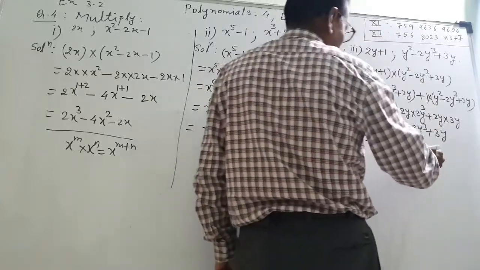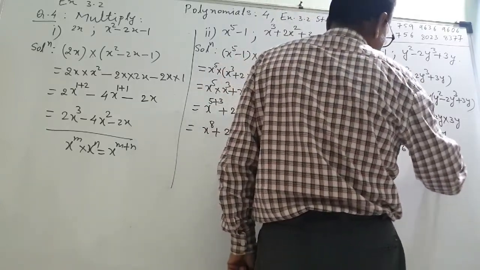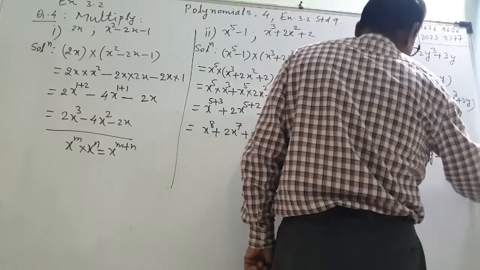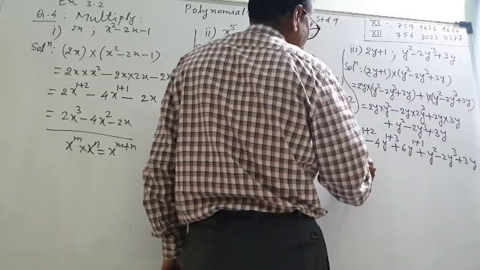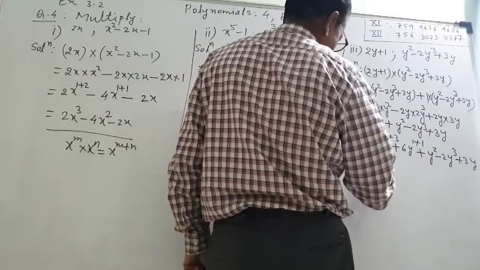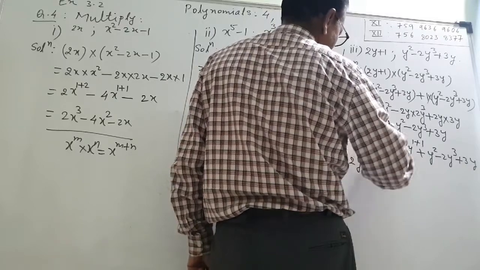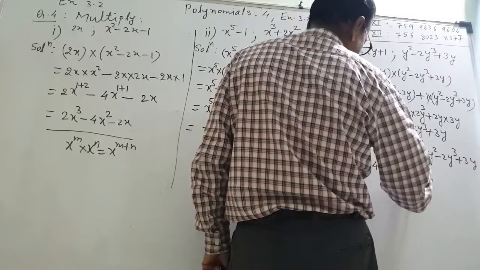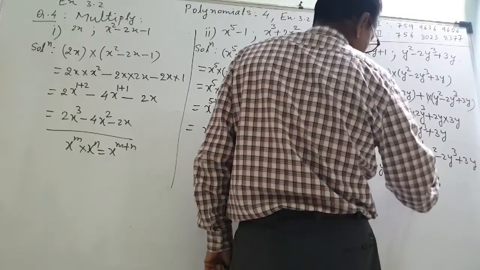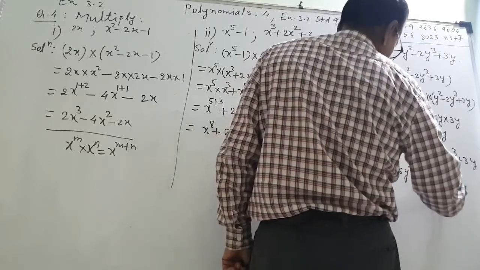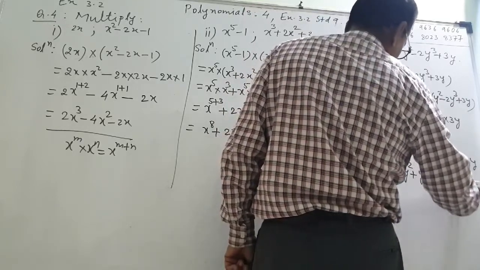Now this I am writing as it is, plus y square minus 2y cube plus 3y. That is equal to 2y raised to 2 plus 1 is 3, minus 4y raised to 1 plus 3 is 4, plus 6y raised to 2, plus y raised to 2, minus 2y raised to 3 and plus 3y.